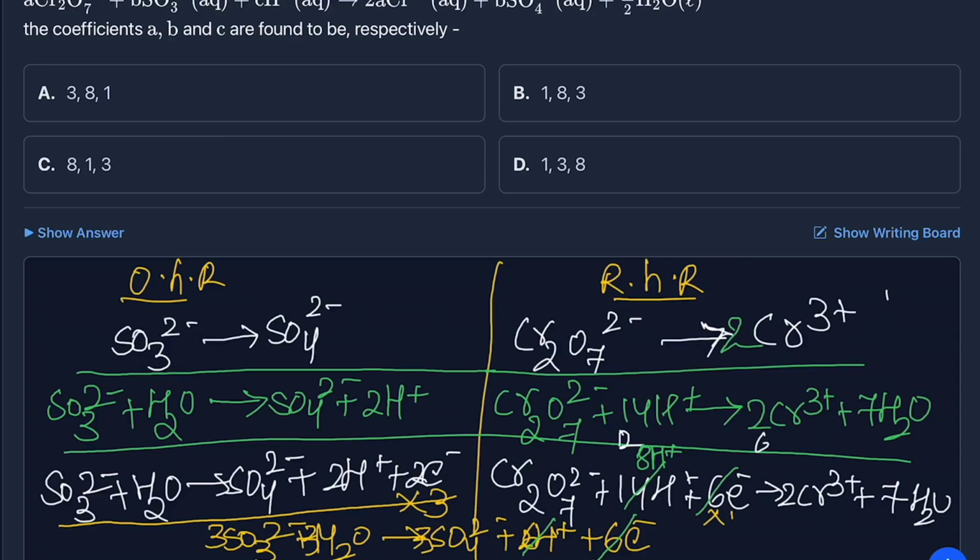Here how many waters are there? 3H2O. And here there are 7H2O. 3H2O cancel, so 4H2O remained.